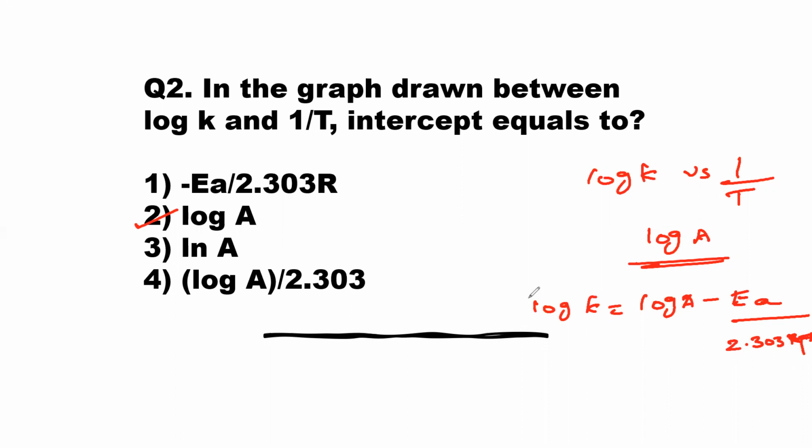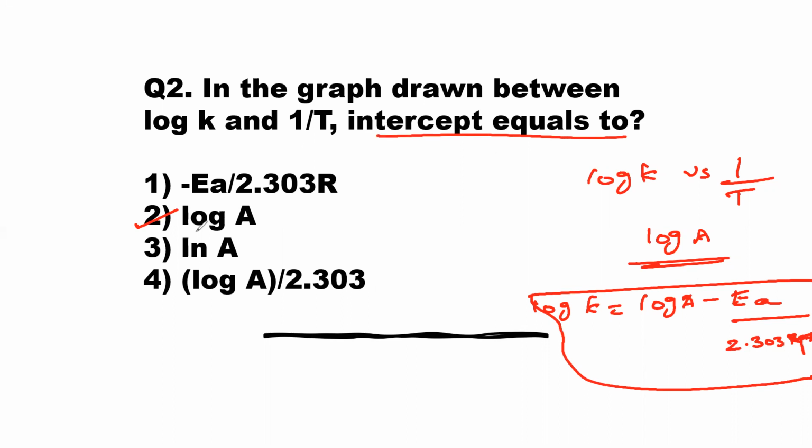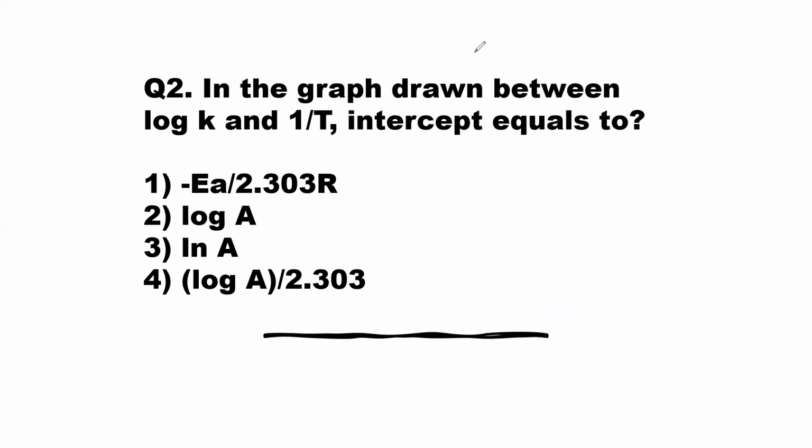This is called Arrhenius equation, since already we know. So log K is equal to log A minus energy of activation by 2.303 R into T, where R is called gas constant, T is called temperature. If you plot a curve between log K versus 1 by T, the intercept is equal to log A, that is called Arrhenius factor. I hope it is clear. So this is question number 2. Now third question.